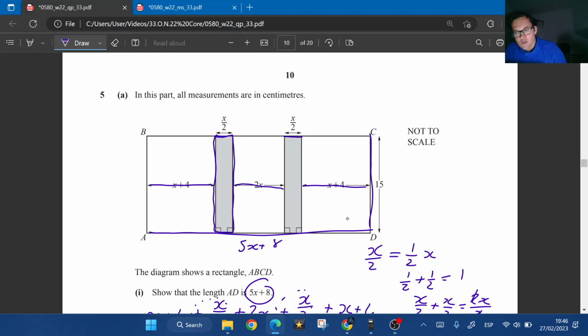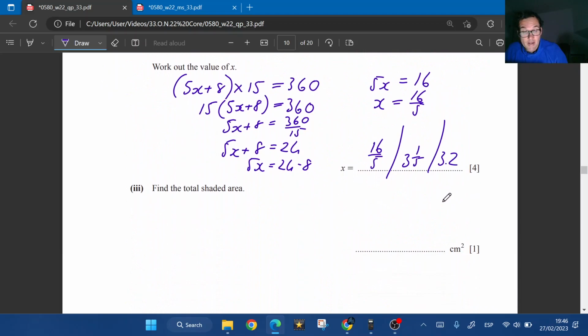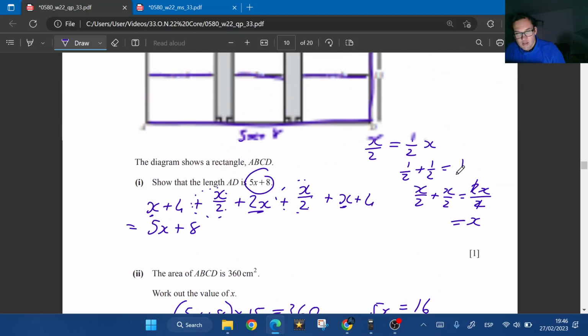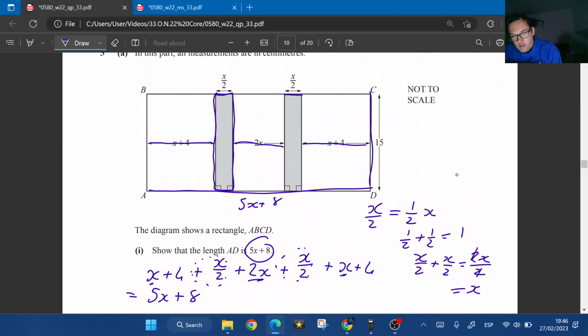So x over 2, we know what x is now. We know x is 3.2. So we can substitute the x for 3.2. 3.2 divided by 2, of course, will give us 1.6. So that means the width of the shaded area is 1.6.